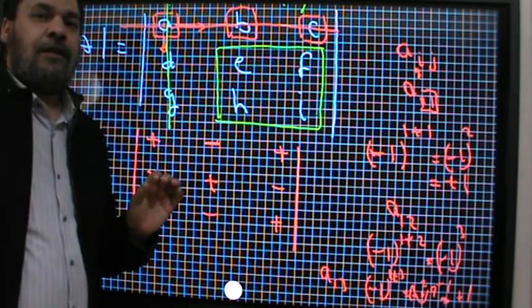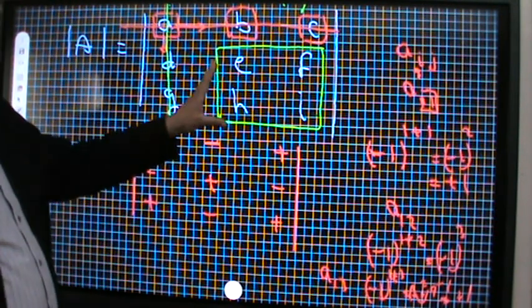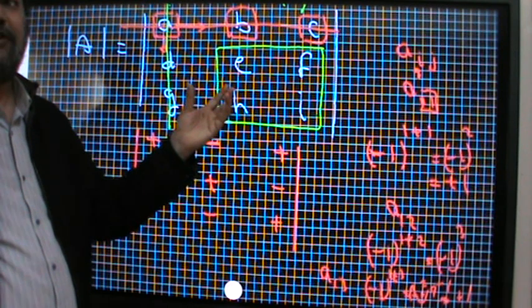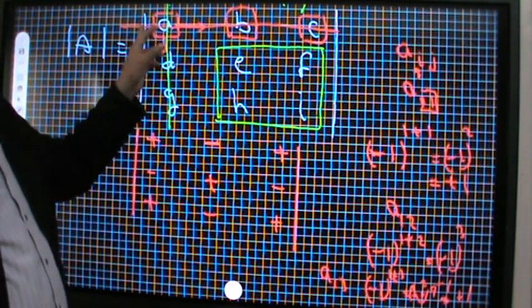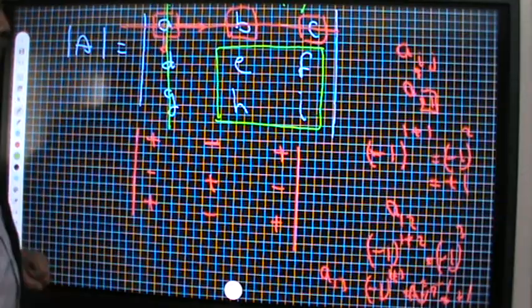Then you must take care, what is the minor determinant? The minor determinant corresponds to the element when you remove its row and its column. Okay?